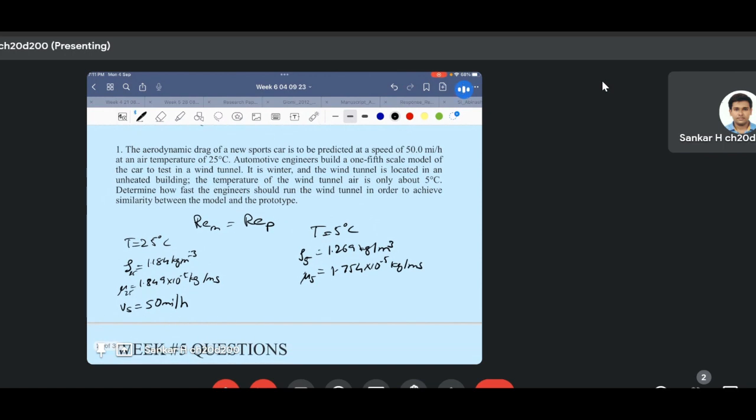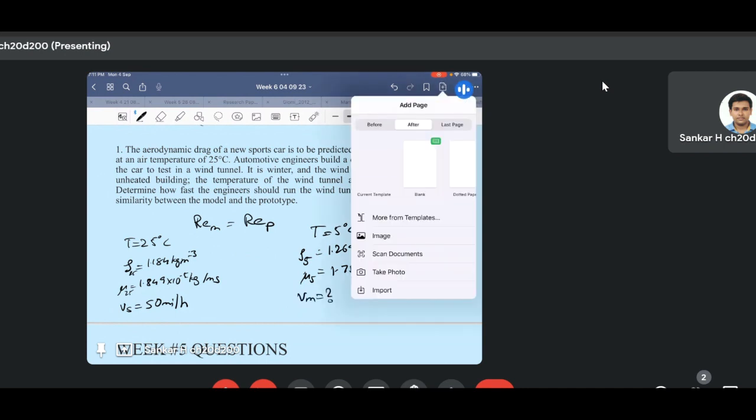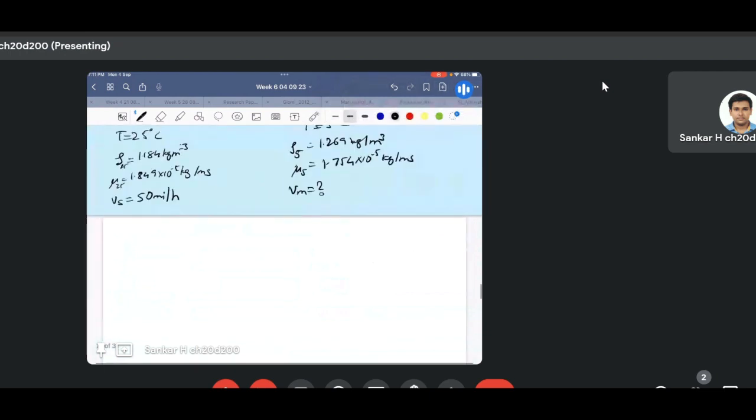This is true for a fluid like air, a gaseous fluid. We just need to find out what the velocity of the model should be. Now, what else is given is that it is a 1/5 scale model.